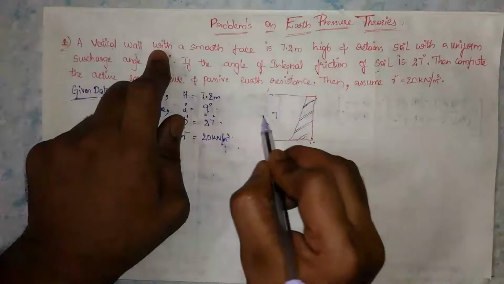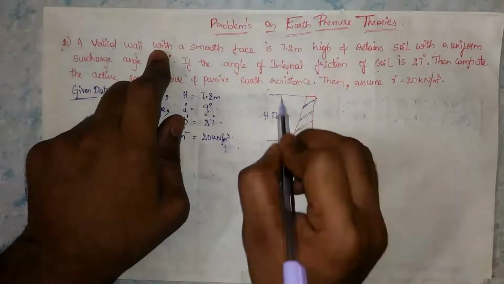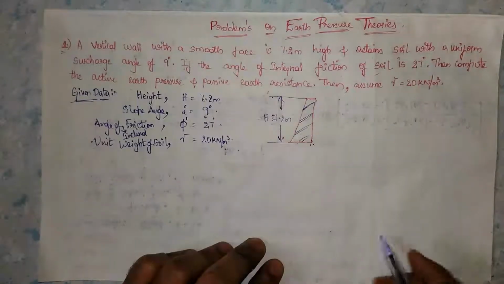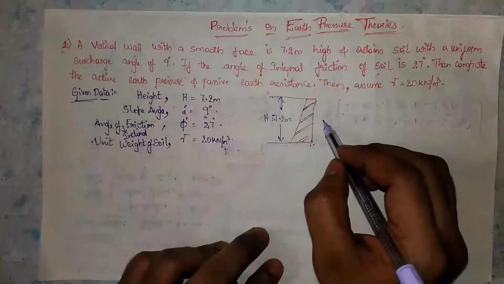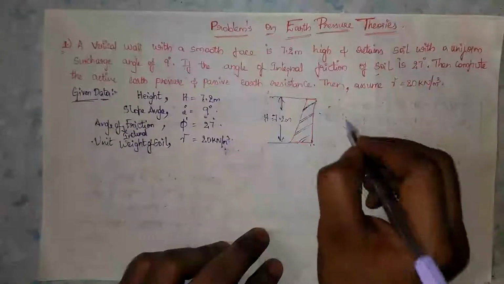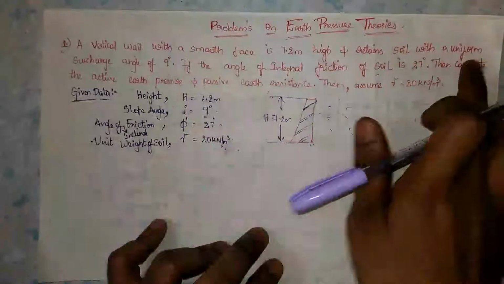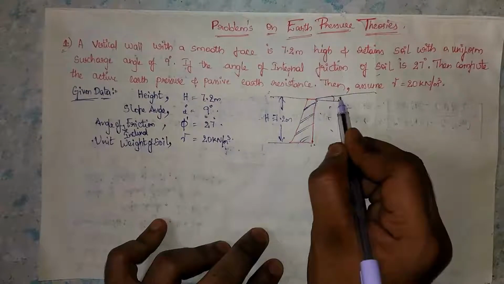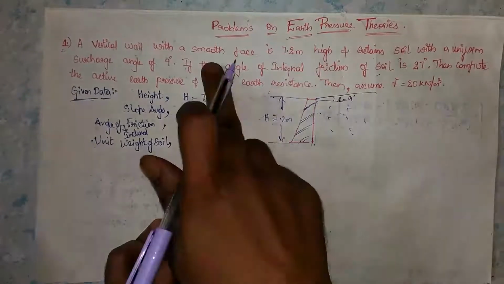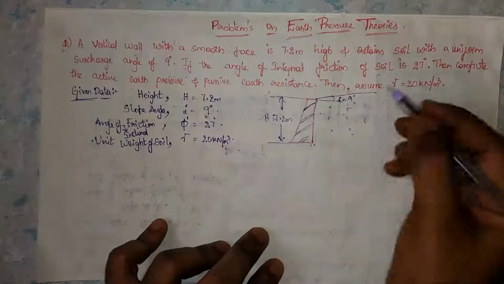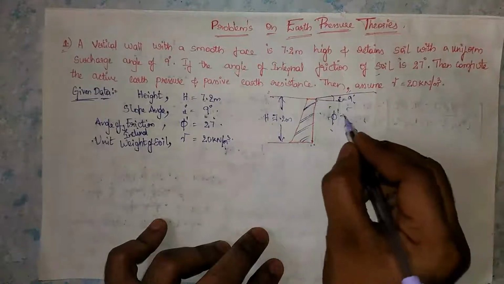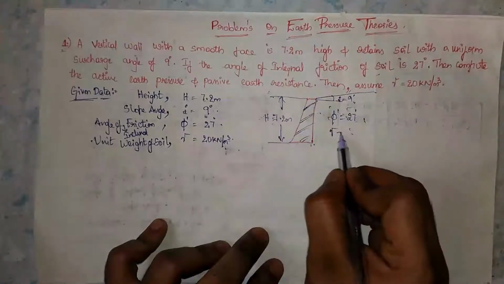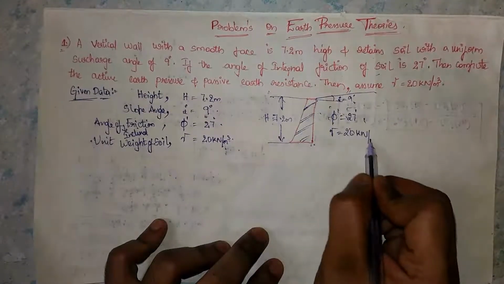On the back side of the wall, a soil is retained with a uniform surcharge angle i equals 9 degrees. The angle of internal friction phi dash is 27 degrees, and the unit weight of the soil is 20 kilonewton per meter cube.